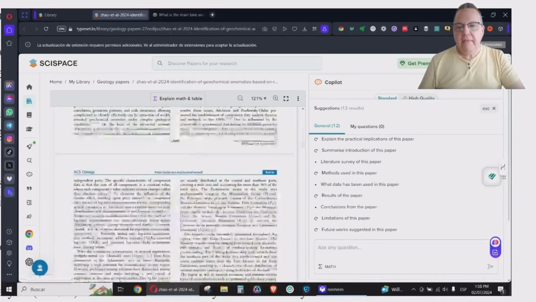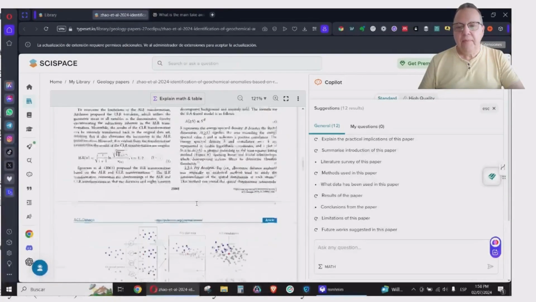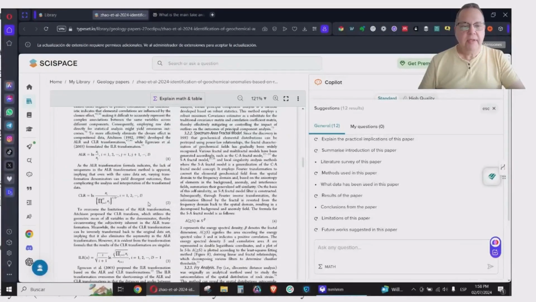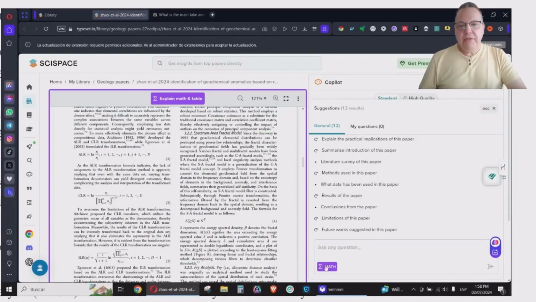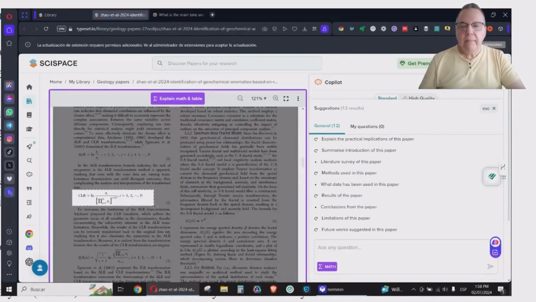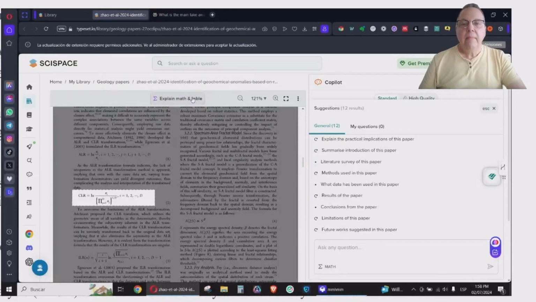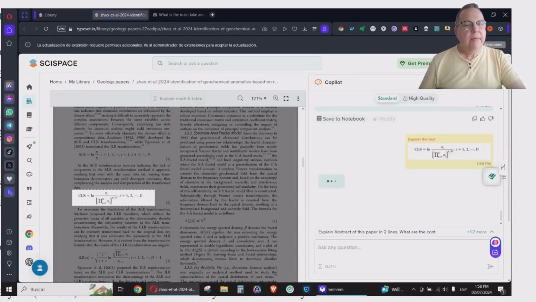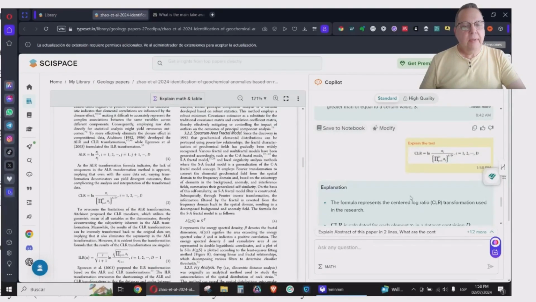If you get a formula, whatever it is, for example, this one here, you can ask for an explanation of that formula, and also you can explain a table, and it will tell you here what the formula is about, etc.